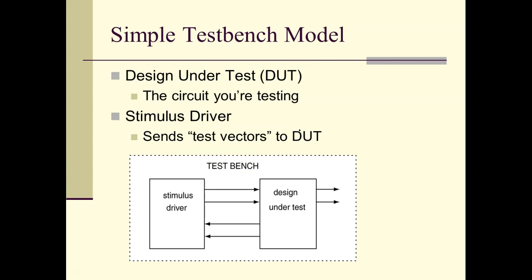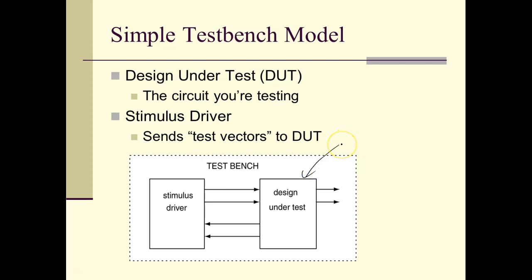So this is a simple test bench model, and it has generally two blocks in there. One's the stimulus driver, and one's the design under test. I always call it device under test, but it's the design under test.